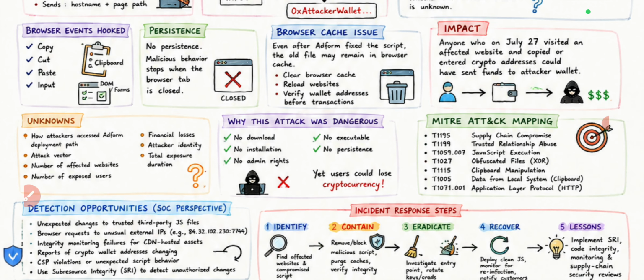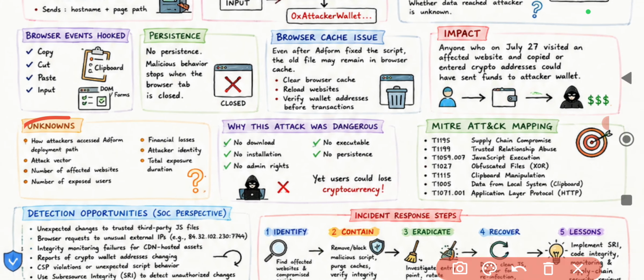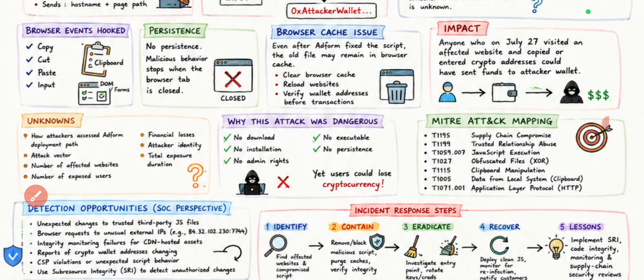This is the MITRE ATT&CK technique being used. Unknowns include how the attacker accessed Adform's deployment path. Why the attack was dangerous, the incident response strategy we need to follow, and detection opportunities from a SOC perspective are also displayed here.